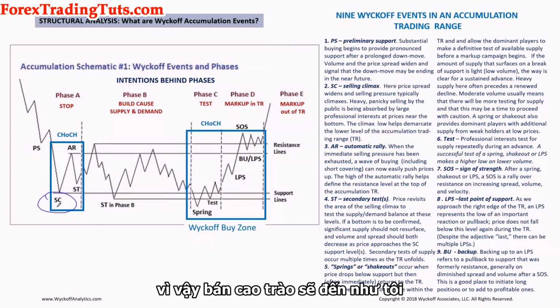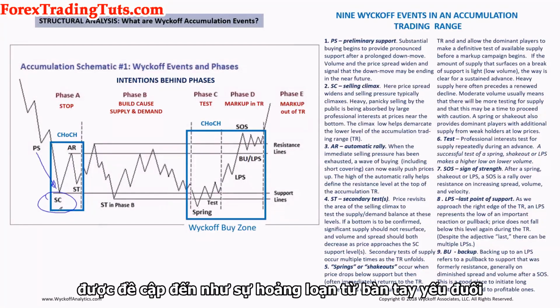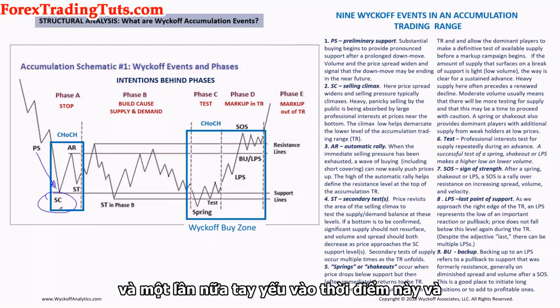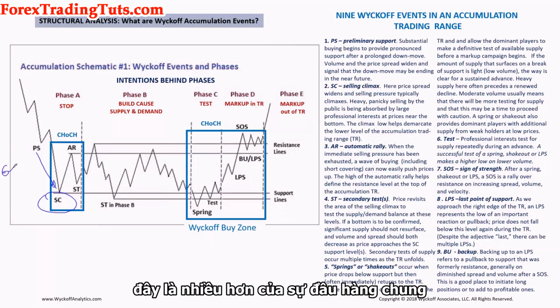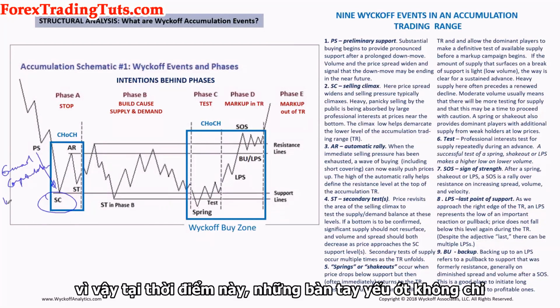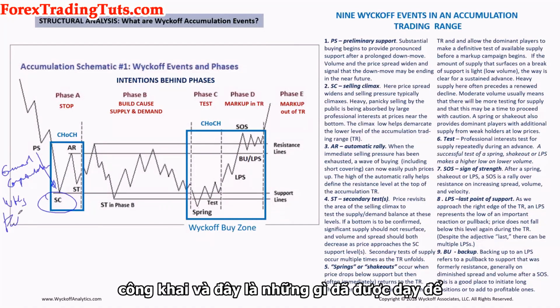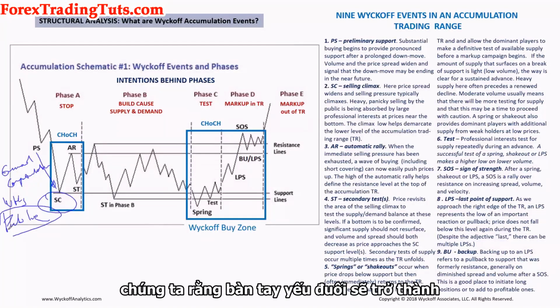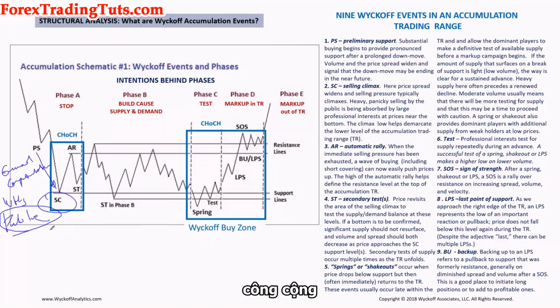So the selling climax is going to come, as I mentioned, as that panic from weak hands. And again, this is more of the general capitulation. At this point, weak hands are not just the public. This is what's been taught to us, that weak hands are going to be the public. No, that's not correct.